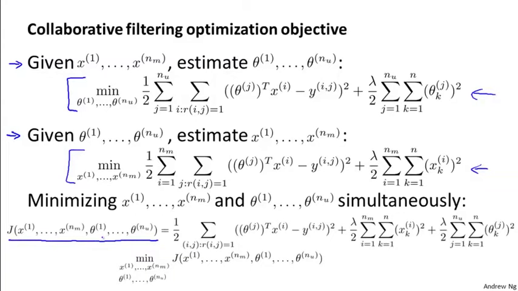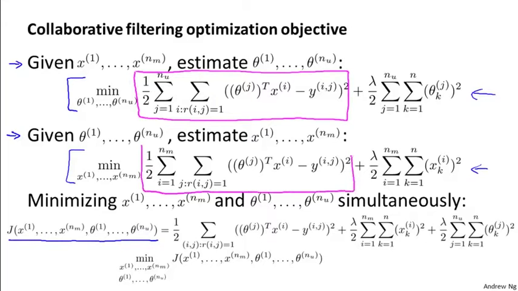So in order to explain this, first I want to point out that this squared error term is the same as this squared error term. And the summations look a little bit different, but let's see what the summations are really doing. The first summation is sum over all users j, and then sum over all movies rated by that user, right? So this is really summing over all pairs ij that correspond to a movie that was rated by a user.